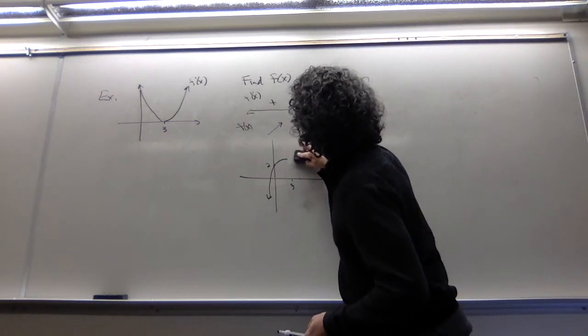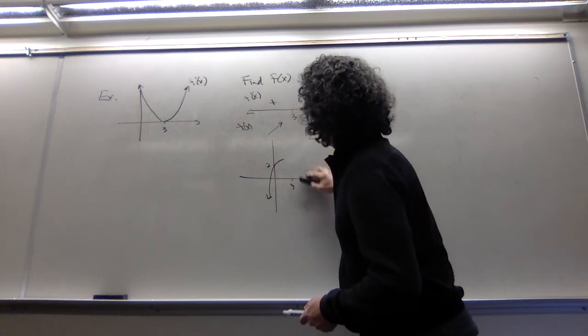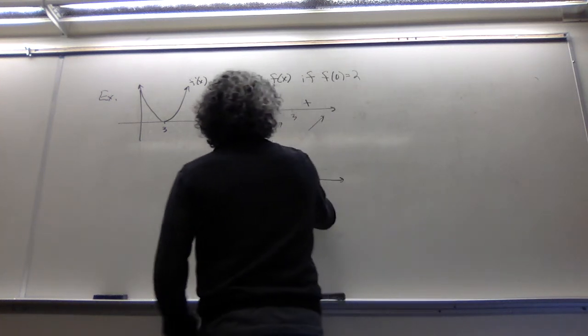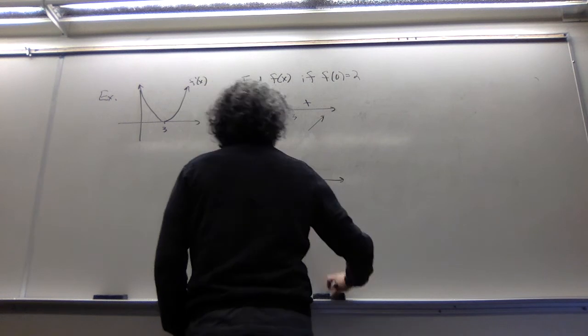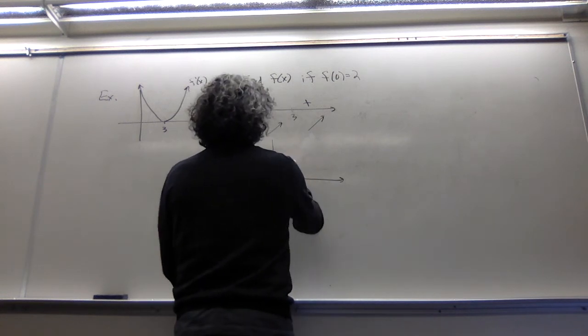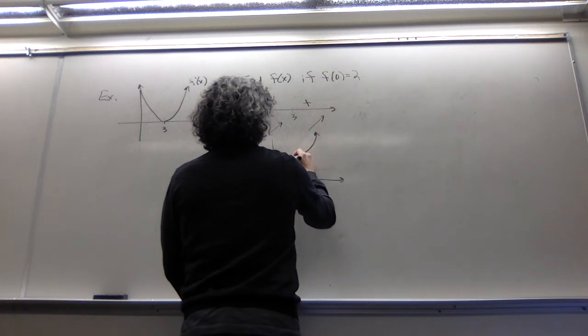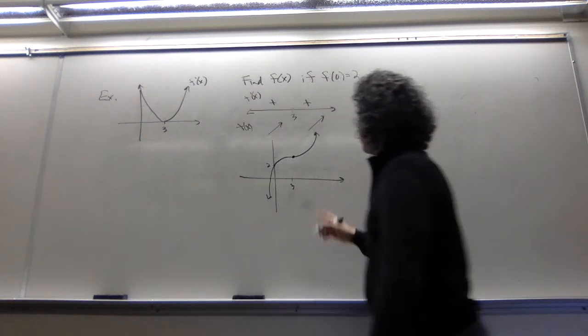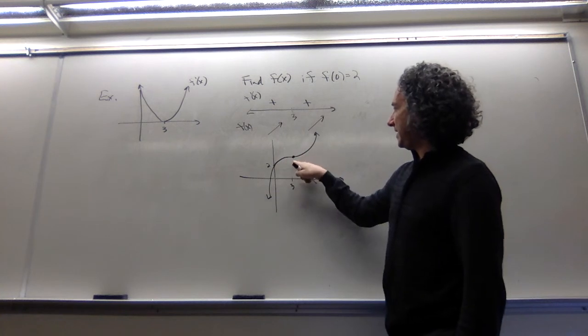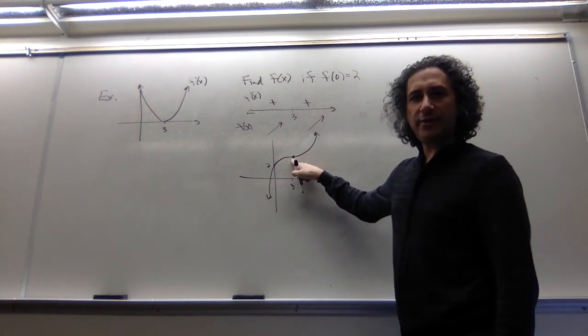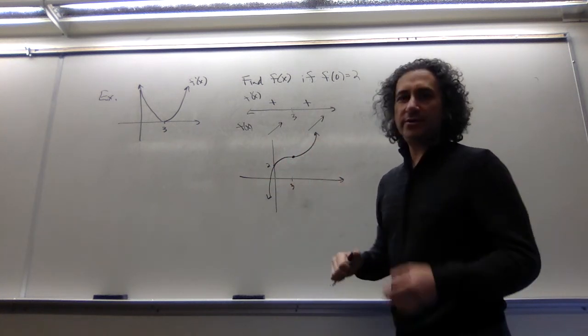Sorry, sometimes, I have to be honest, it's easier to sketch it and then put in the numbers after, but hopefully you get the idea. We have a horizontal tangent line over here, and the function is increasing on either side.